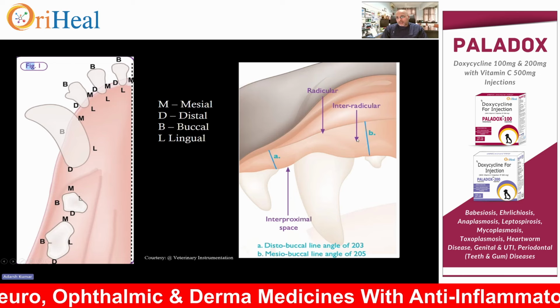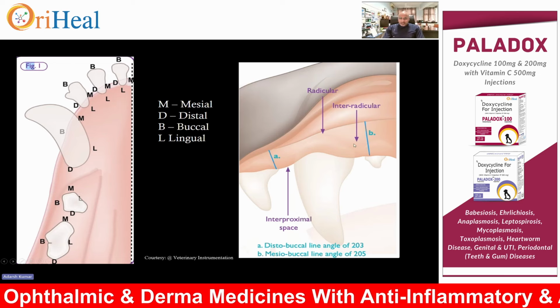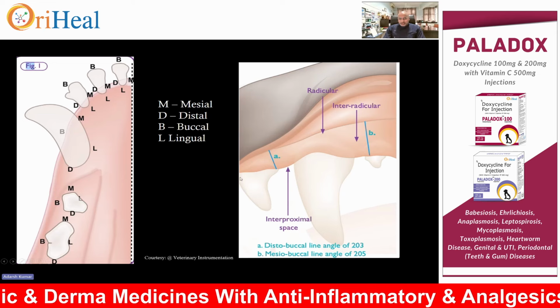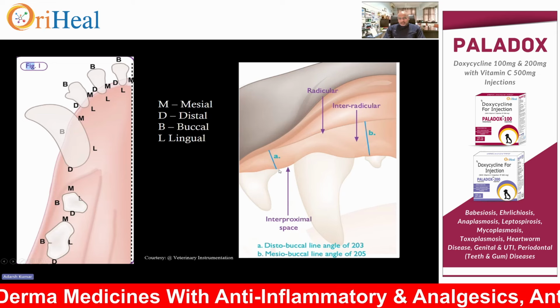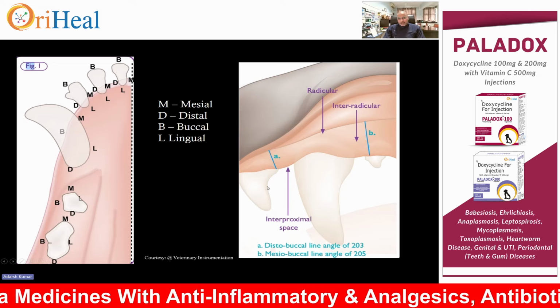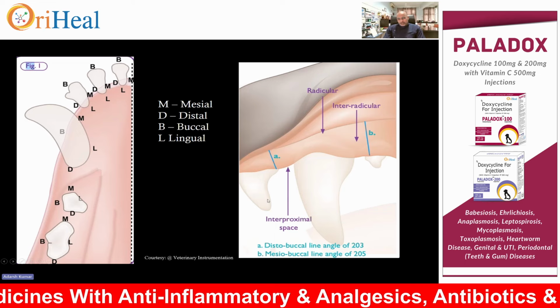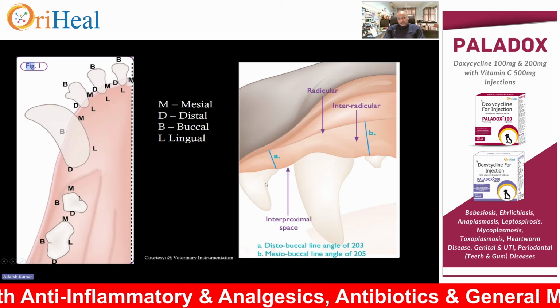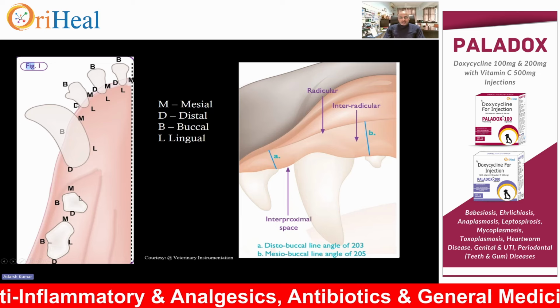Now look at this. I'll make it more simple for you. This is an incisor tooth. Now the incisor has a posterior surface here. The posterior surface, as I told you, is the distal surface.